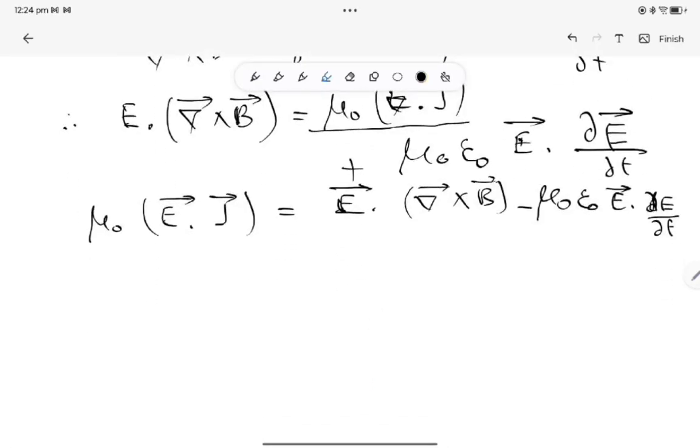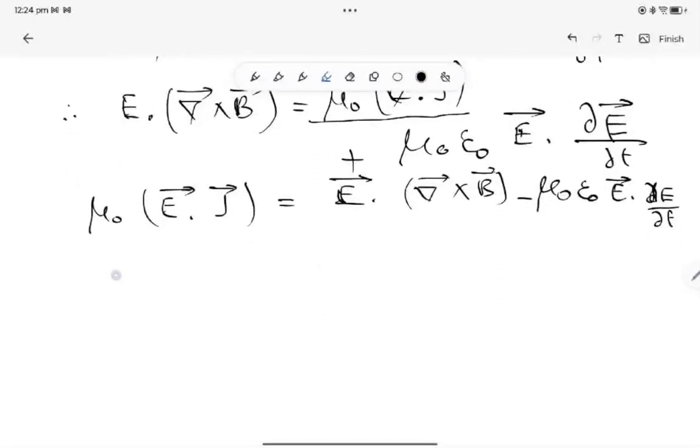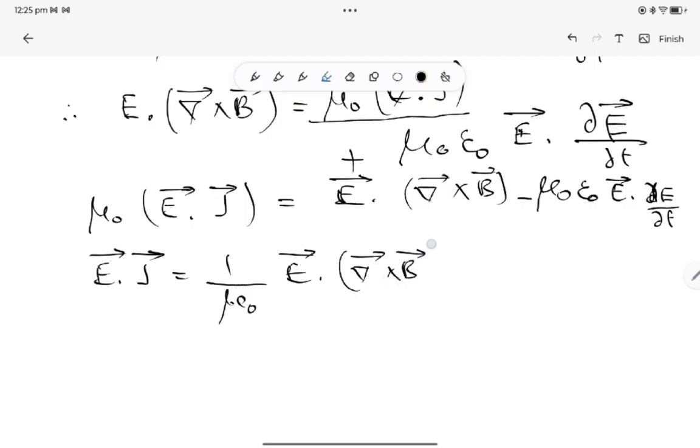Now, dividing throughout by mu naught, you have E dot J is equal to 1 by mu naught E dot del cross B minus epsilon naught E dot del E by del T. So we have reached this stage.